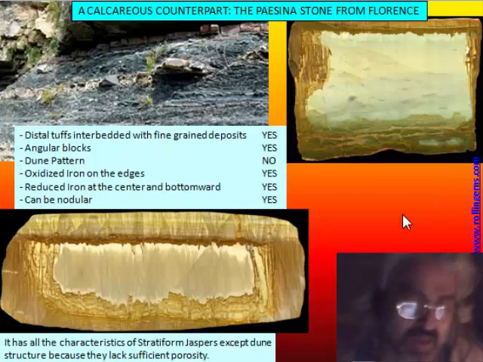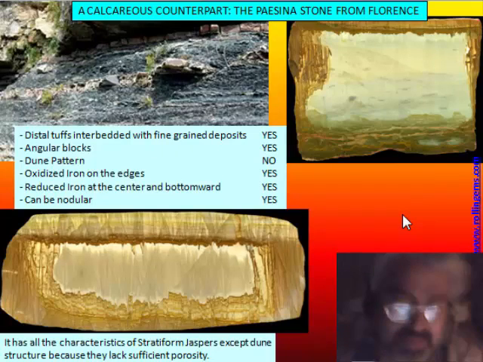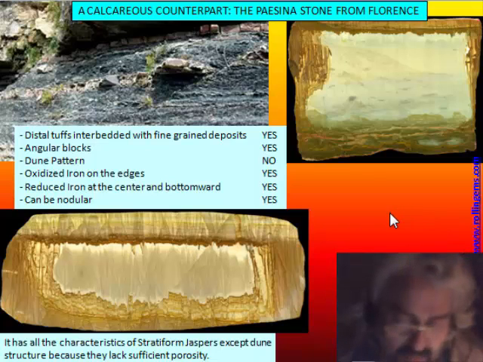There is a calcareous counterpart in Italy, the Paesina stone from Florence, very famous stones, landscape stones used for decorative purpose. And this is the outcrop of the Paesina, is interbedded in pelite deposit, is clay deposit, and the blocks are angular, same as Stratiform Jasper.